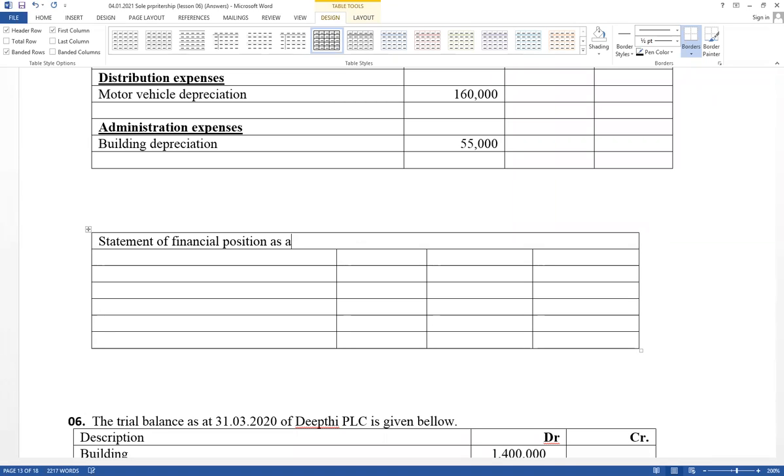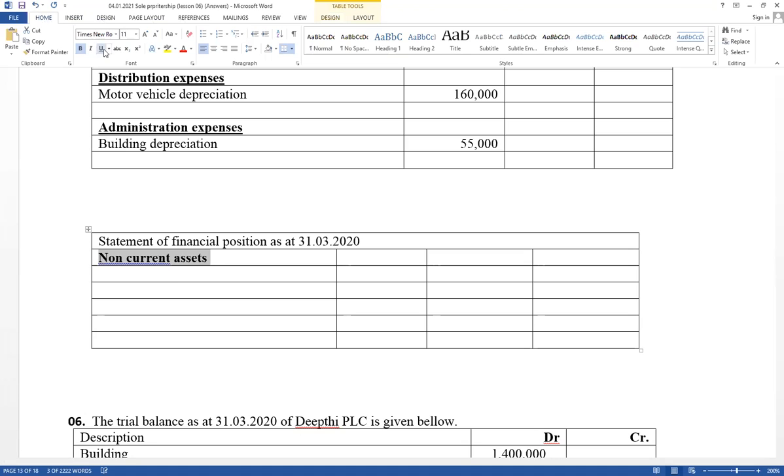Statement of financial position as at 31st March 2020. Here, non-current assets. Think how to disclose the financial position. Here cost value, accumulated depreciation, and net book value.